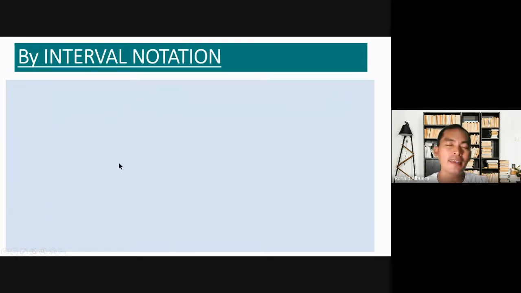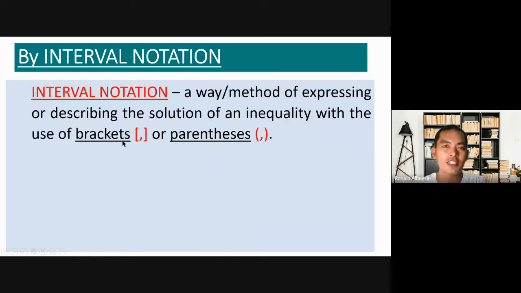The second is by interval notation. But before I give the different ways of writing in interval, I'll give first the definition of interval notation. It's a way or method of expressing or describing the solution of an inequality with the use of brackets or parentheses.